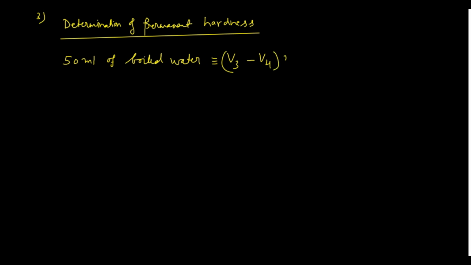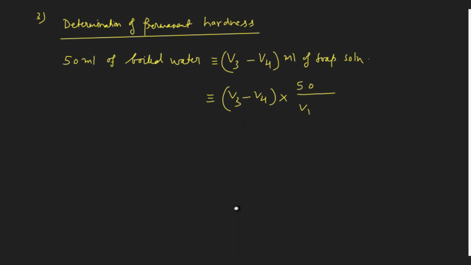This much ml of soap solution. And now I need to convert this into the calcium carbonate equivalent. So V3 minus V4, and again I'll do the same thing which I did in the second step, 50 divided by V1 minus V4.